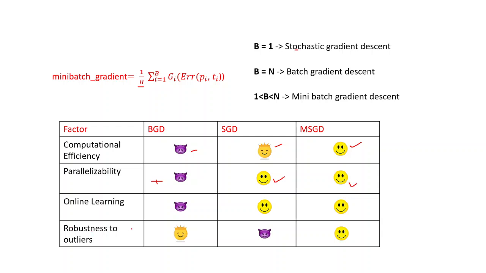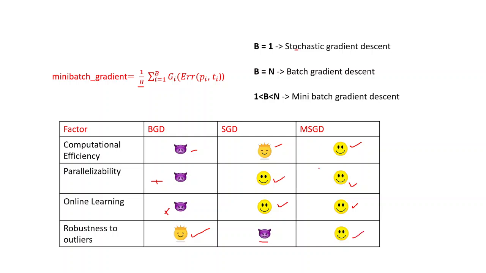In case of online learning, batch gradient descent is again a devil here, whereas both stochastic and mini batch support online learning. In case of robustness to outliers, batch gradient descent is best. This can't be beaten by the other two. Stochastic is clearly a devil, and mini batch is okay.